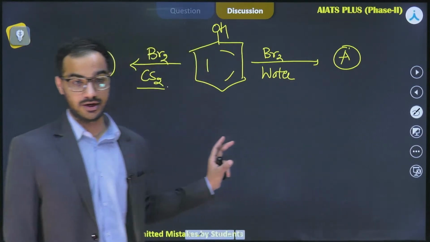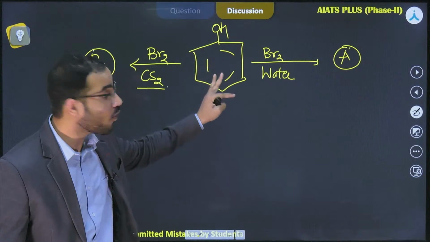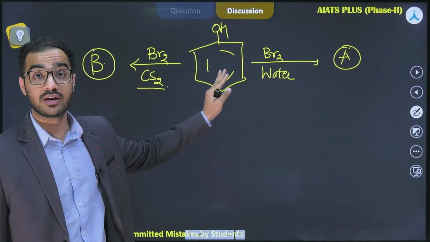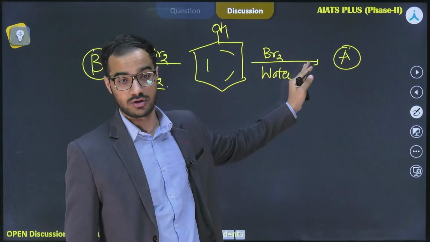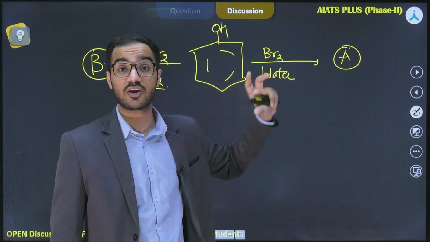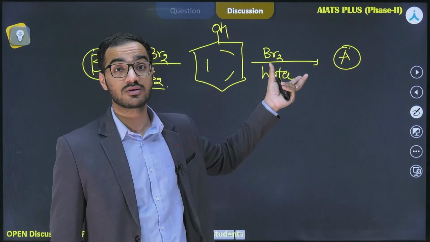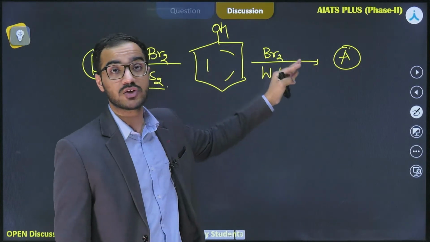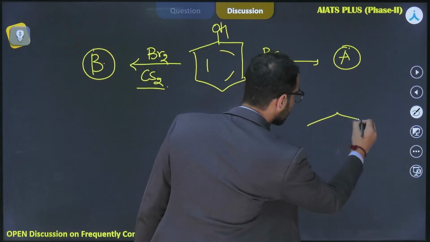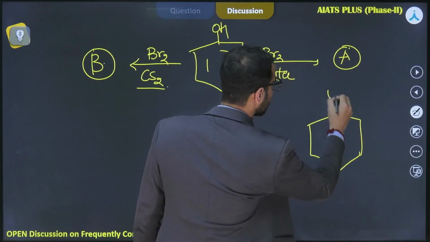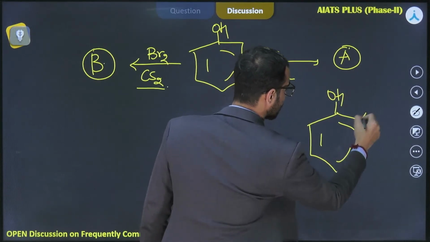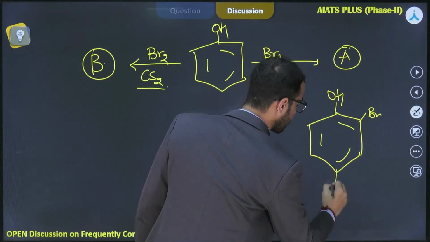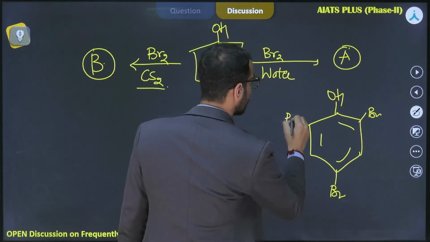Obviously they are different. It means we can say that phenol can decolorize bromine water. The color of bromine water is orangish. So phenol on reaction with bromine water gives OH with Br, Br, and Br.